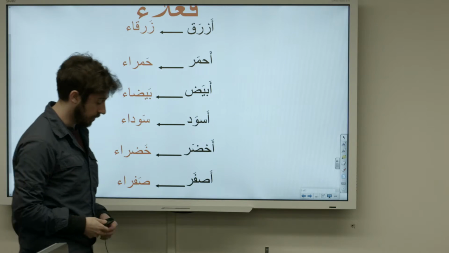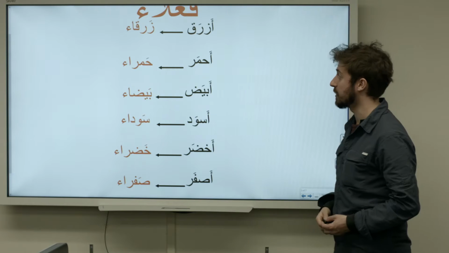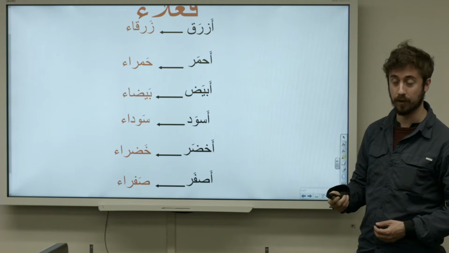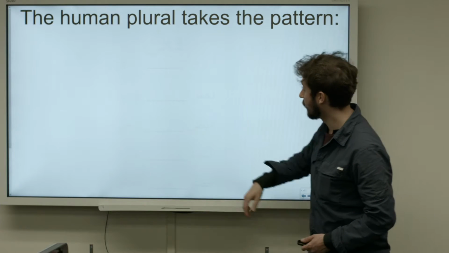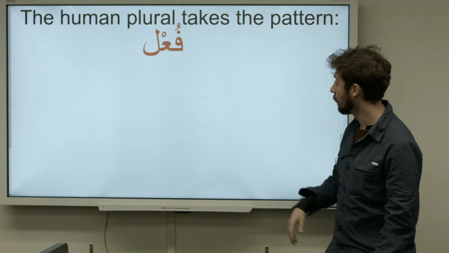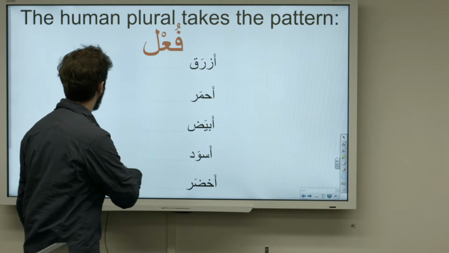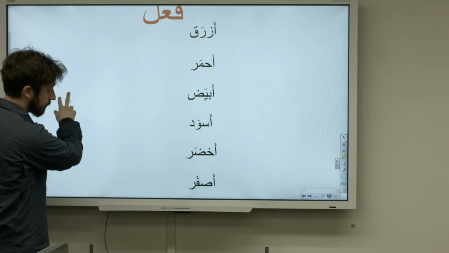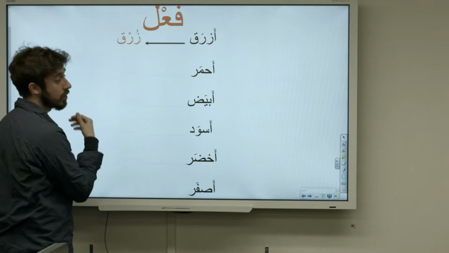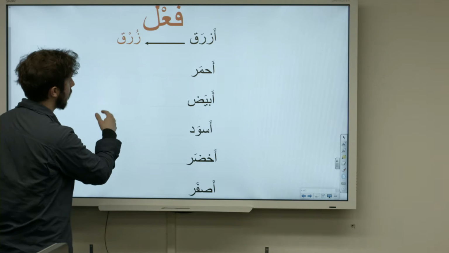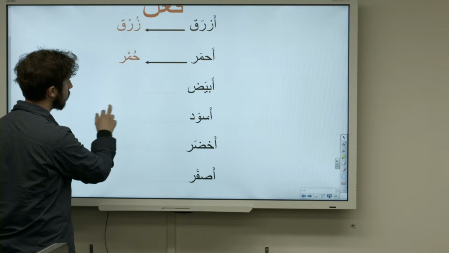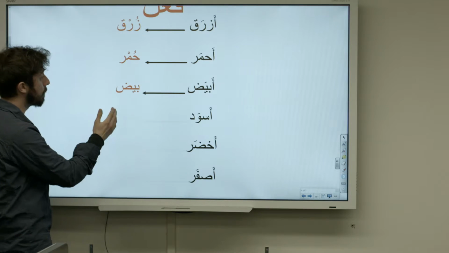Okay, and then I mentioned earlier that the last possible pattern is if the color is describing a human plural, and this pattern is fu'l. So, again, we have all the colors in the masculine, right? And so azraq becomes zurq. Ahmar becomes humr. Abyad becomes bid.